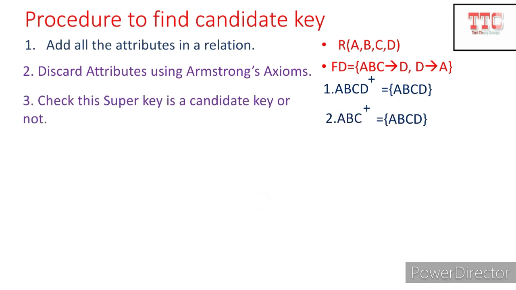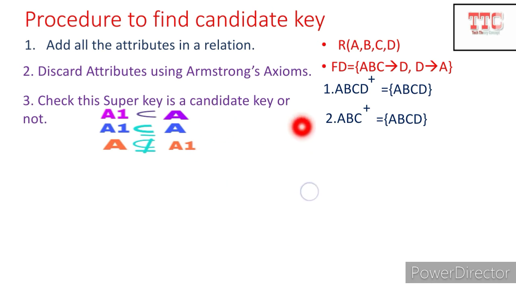Now in the third step, we will check whether this super key is a candidate key or not. According to the candidate key definition, no proper subset of this super key will be a super key. So we will check all the proper subsets of A, B, C. What are the proper subsets of A, B, C? Here A, B, C, AB, BC and AC are the proper subsets according to this definition.